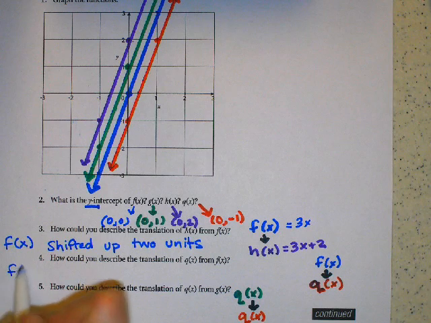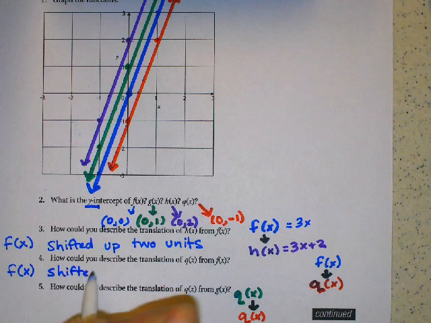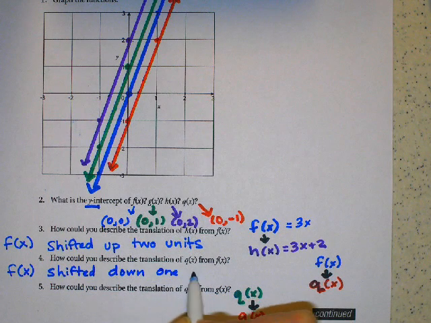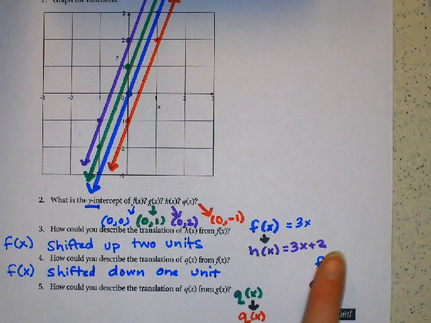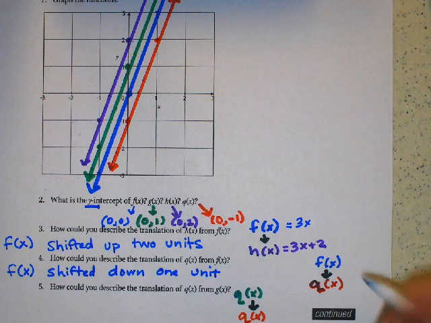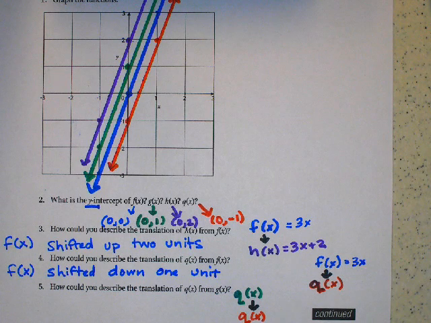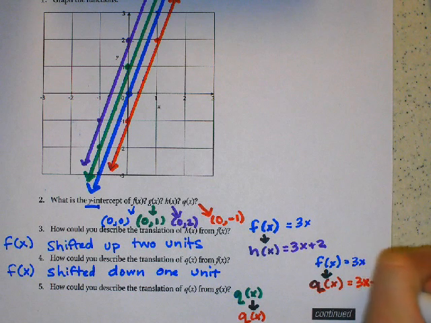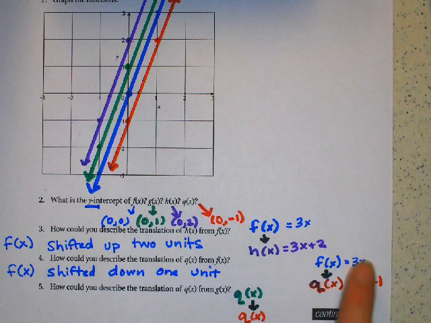So I would say f of x is shifted down 1 unit. And sure enough, if we take a look at their equations, f of x was just 3x, and then q of x is 3x minus 1. Down 1 unit, and notice the change over here.